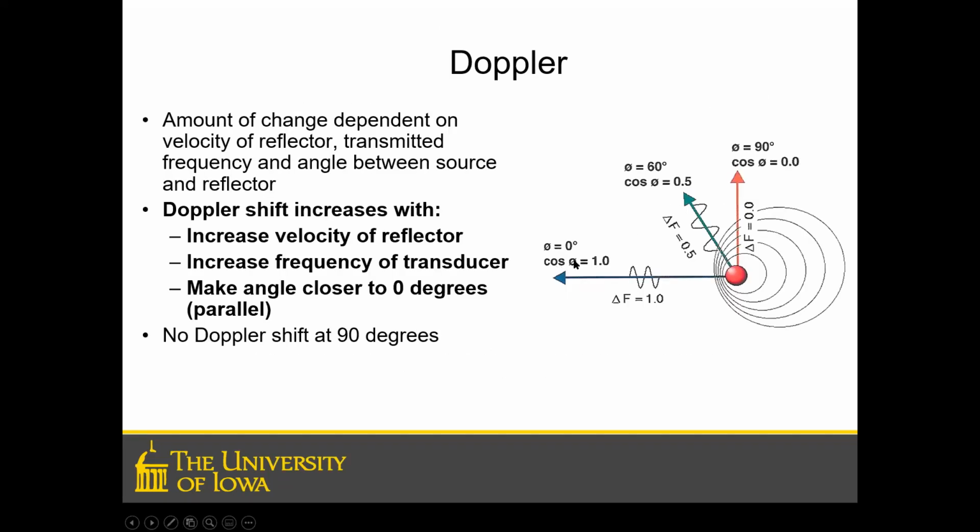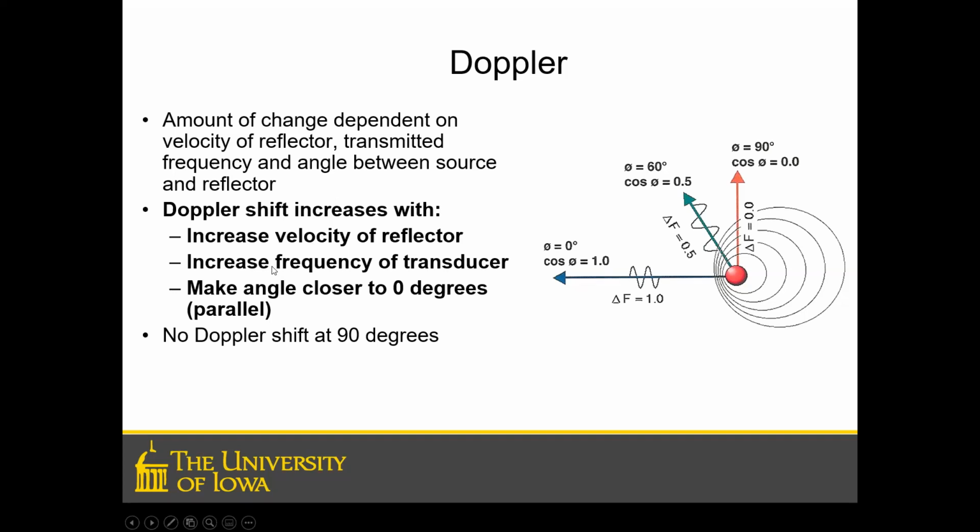So right here, the cosine of 0 degrees, 1. The cosine of 90 degrees, 0, which is why we don't get any Doppler shift at 90 degrees. Okay. So the things that affect the amount of Doppler shift, the change in Doppler shift, are the following. One, of course, is the velocity of the reflector. So if we're looking at blood, of course, the faster it's going, the more Doppler shift there will be.